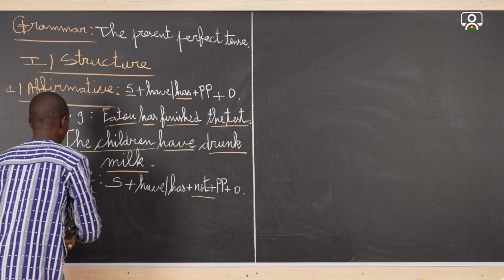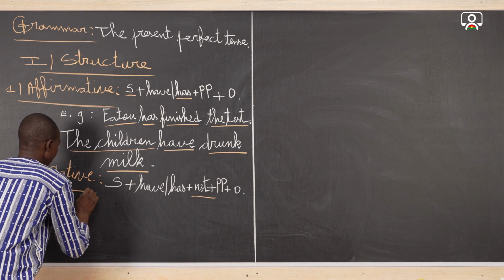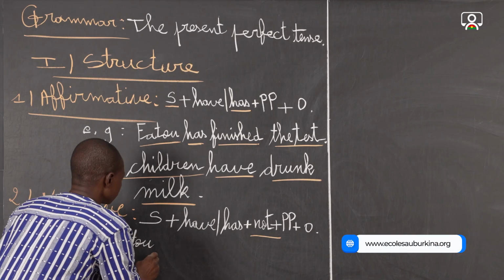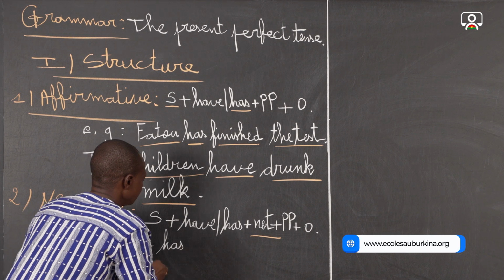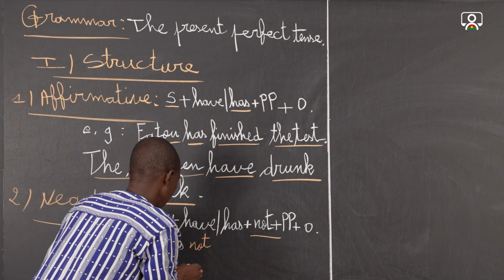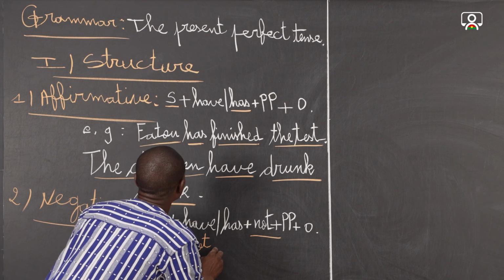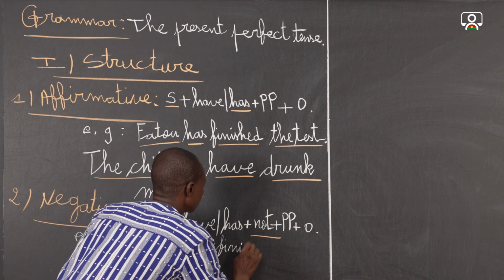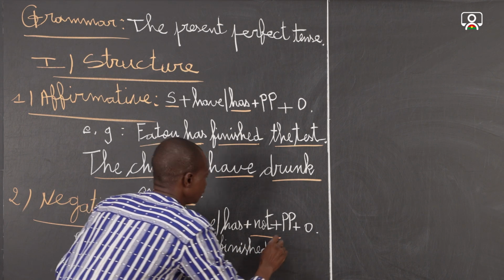Then we have the examples. Fatu has, okay, let's put not in red color here, not, then has not finished the test.